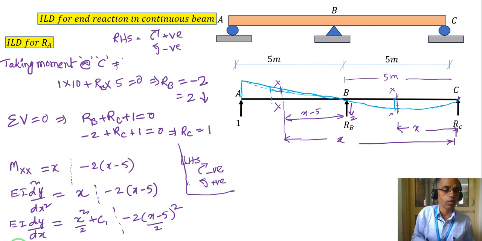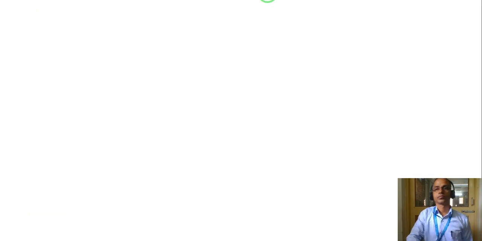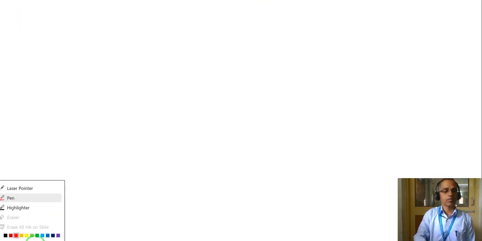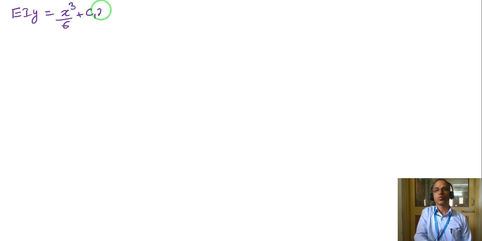Now integrating one more time, I get EI y equal to x cube by 6 plus C1 x plus C2, and for the next span AB, minus x minus 5 whole cube by 3.